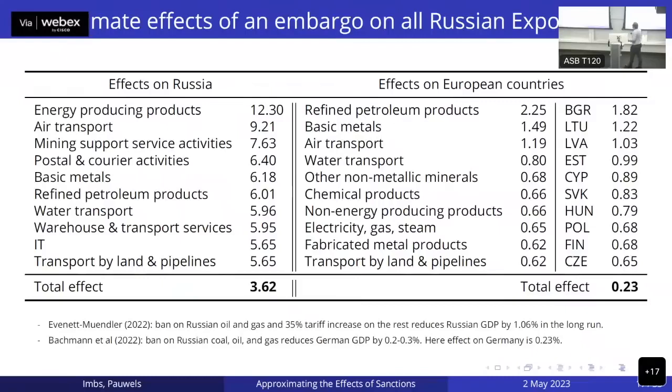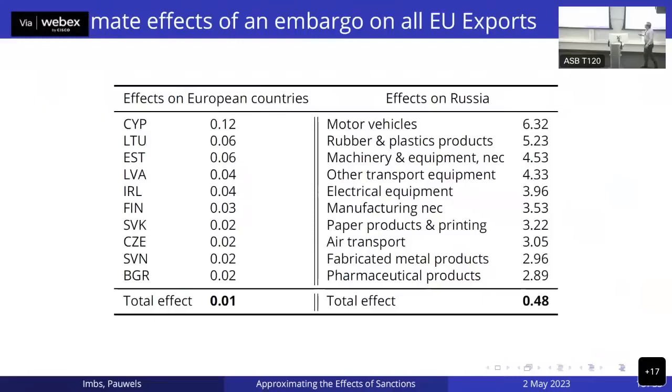The list of countries most affected is the same as before, mostly Eastern European or small economies. Again, we line up quite well with the literature. This 1.06% is a long-run effect, whereas we provide a short-term impact. And the impact on Germany is very similar to the impact on the overall EU in this case.